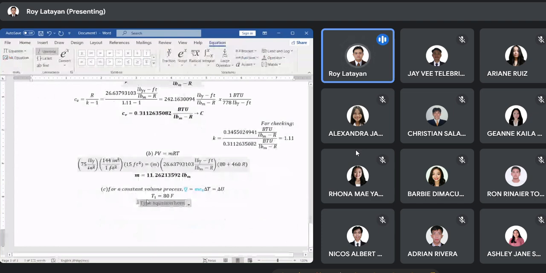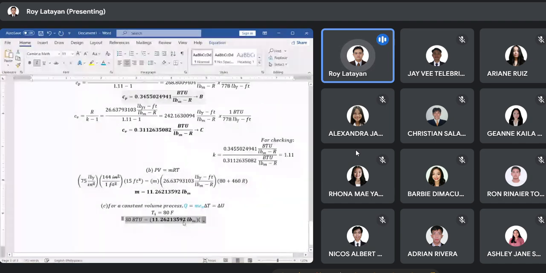Okay. Ang S. Ito. Tapos, value ng CV. Yan. Makikita nyo BTU to. So, ang gamit natin dito for value ng CV is yung naka-BTU din. Itong value na to.